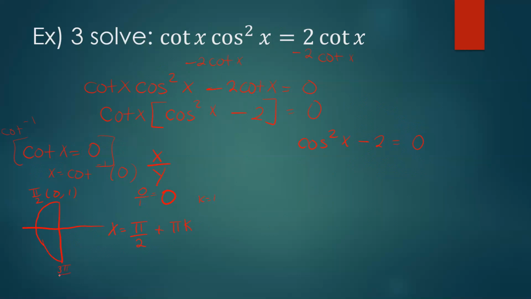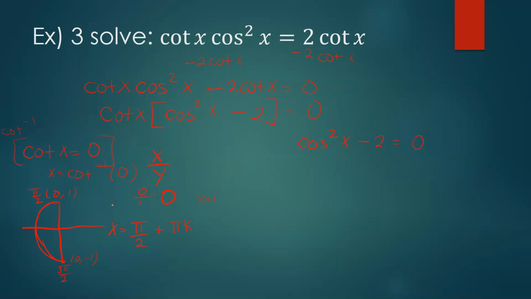So that would be the same thing as 3 pi over 2, and that would be 0, negative 1. You would still get a cotangent of 0. So that's why I'm going to use pi k, because if you go 180 degrees, you would be here and you would still get a cotangent of 0.